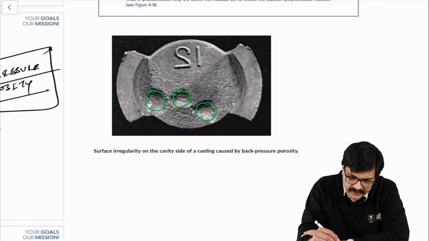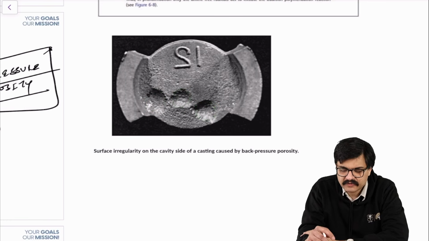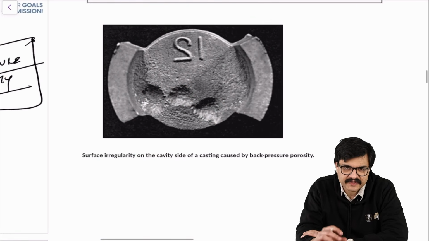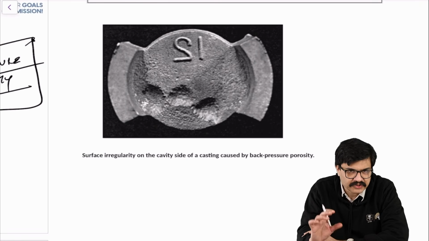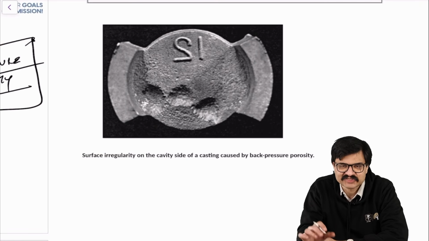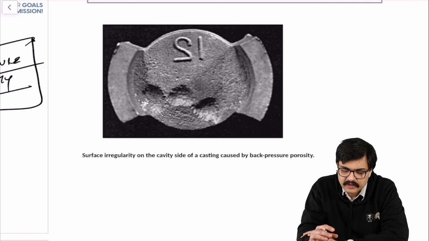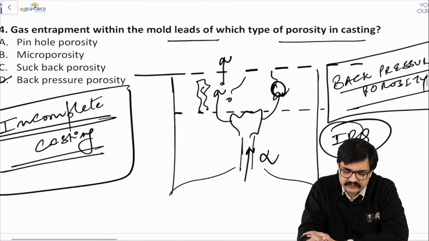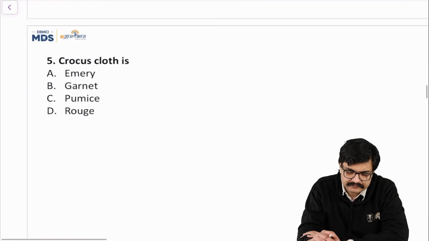You'll have to make a mental picture of this image, because if an image based question comes for back pressure porosity, you will definitely get this, because that's your standard book. So these are the other important MCQs that you can get.